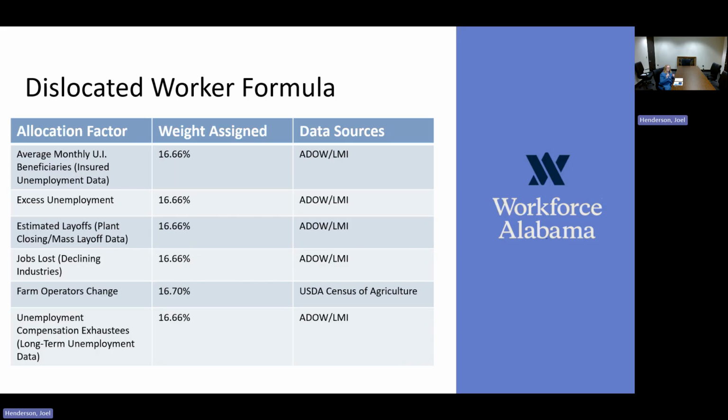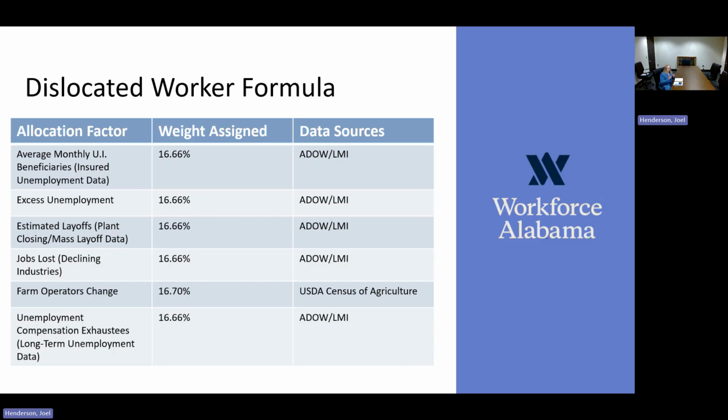There are 6 of them for dislocated worker, and these are the 6 that were laid out by WIOA, the weight that's assigned to each, and then the sources. With the dislocated worker data, it's a little more straightforward. We don't have to do as many calculations with it as we do with adult and youth.